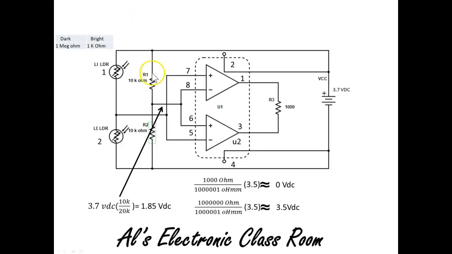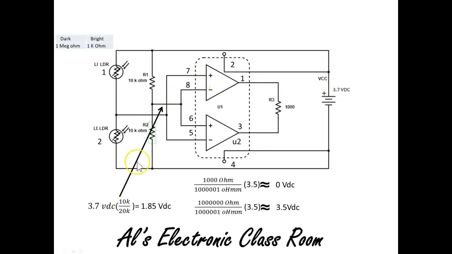Right here, R1 and R2, all those resistors are doing is providing a voltage divider, or a voltage reference, to these two comparators. You'll notice right here, when I do the math, I've got 10K over 20K times the supply voltage, or the battery voltage, in this case 3.7 volts.